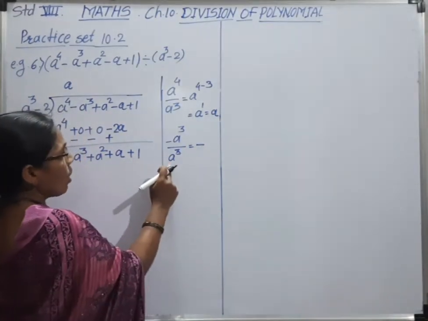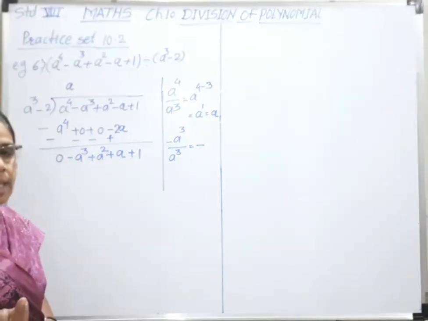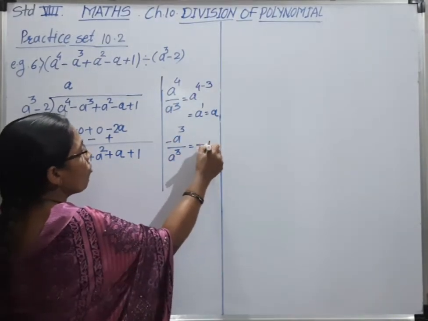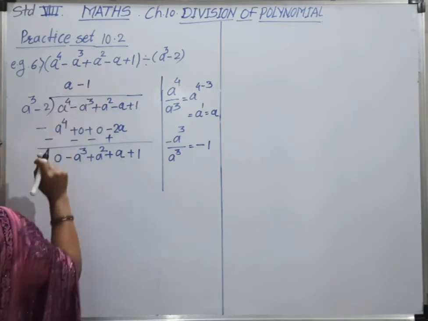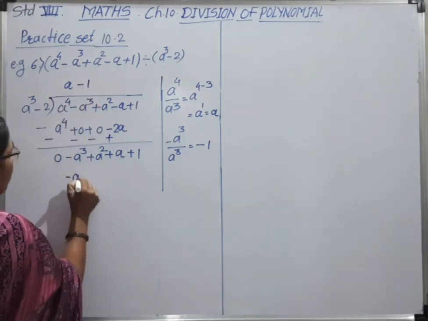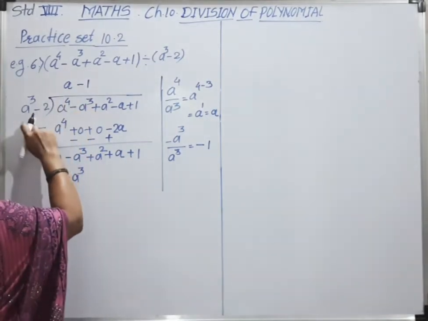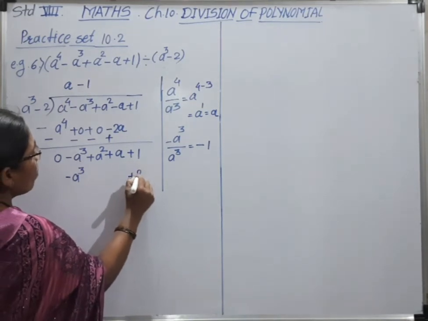Just as 5 divided by 5 gives 1, similarly a cube divided by a cube is 1. So minus 1. Minus 1 into a cube is minus a cube, and minus 1 into minus 2, minus into minus is plus, 2 into 1 is 2, and it will come exactly below 1.